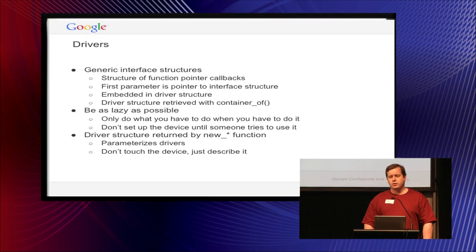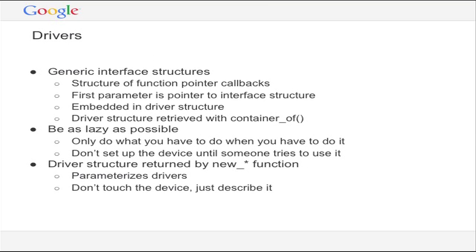So one of the largest portions of code in Depthcharge are all the different drivers that it needs. Those are organized as sort of reminiscent of the Linux kernel: at the high level, a series of structures which have callbacks in them that are generic, and each of those callbacks accepts a pointer to the generic interface object as its first parameter, sort of in C++ like the this pointer, which refers to the object that a method was called on.